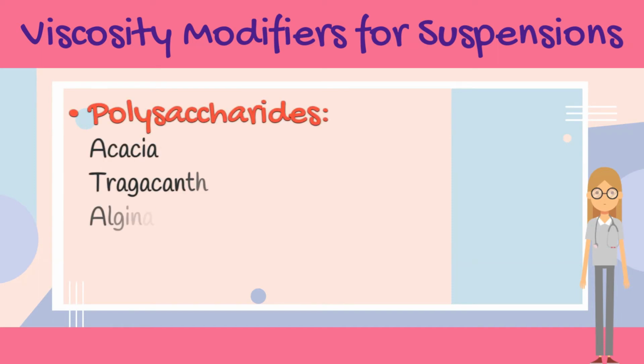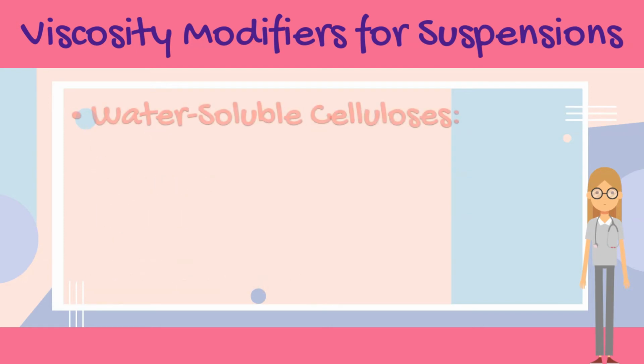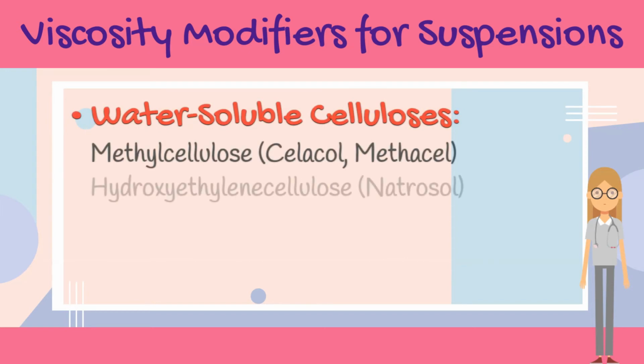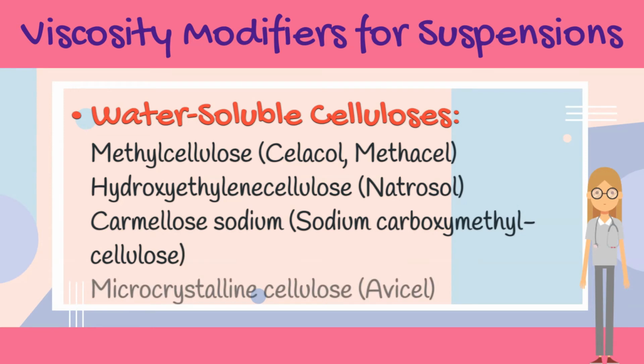Polysaccharides. These include acacia, tragacanth, alginates, starch, and xanthan gum or Keltrol. Water-soluble celluloses. These encompass methylcellulose, having trade names Celacol and Methocel, hydroxyethylcellulose or Natrosol, carmellose sodium or sodium carboxymethylcellulose, and microcrystalline cellulose or Avicel.